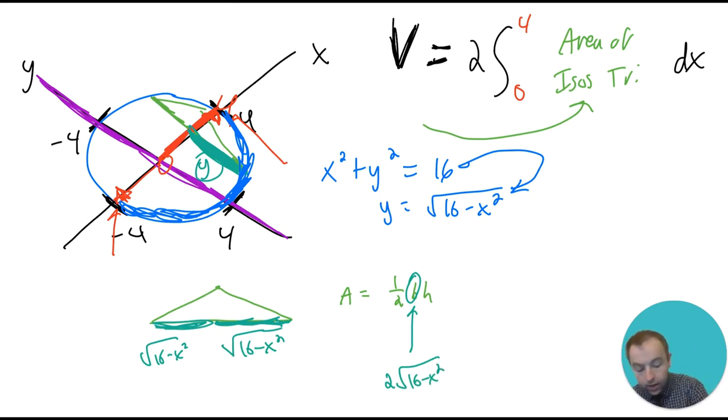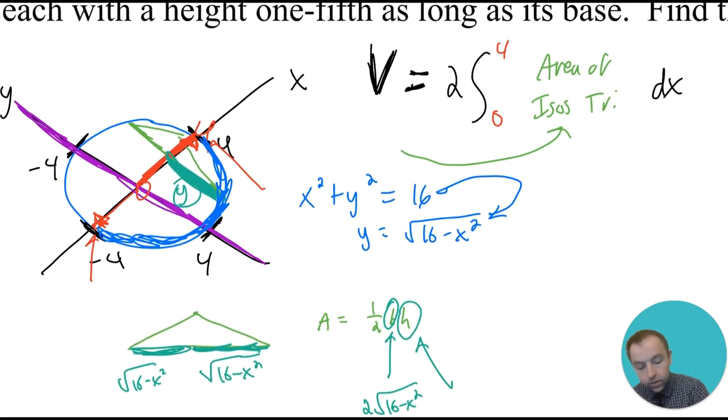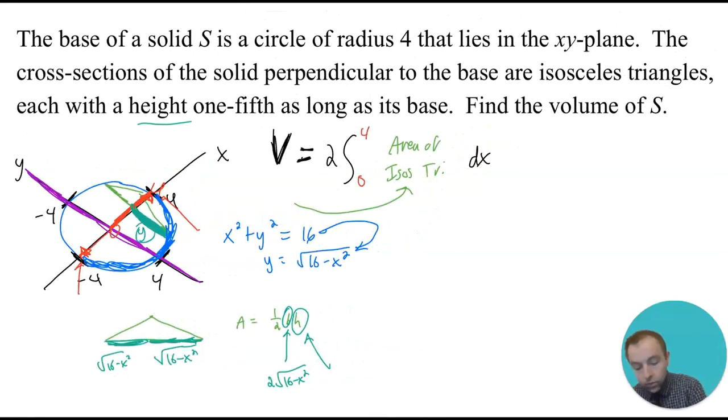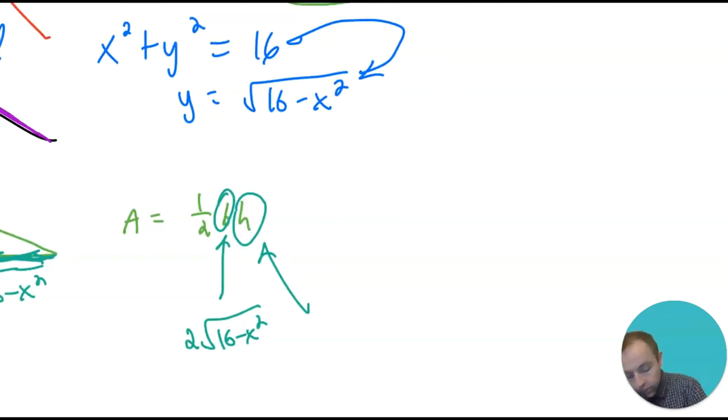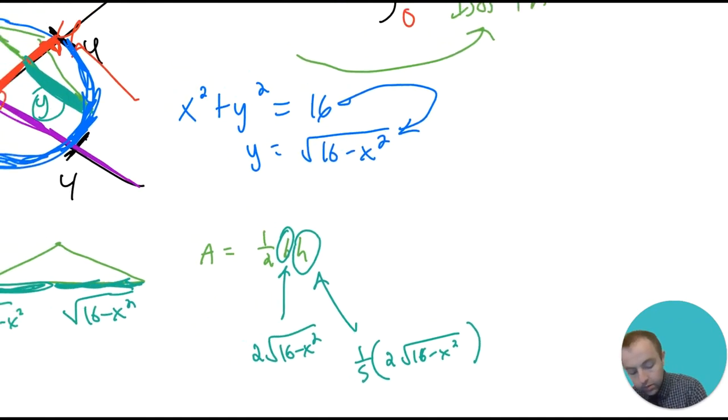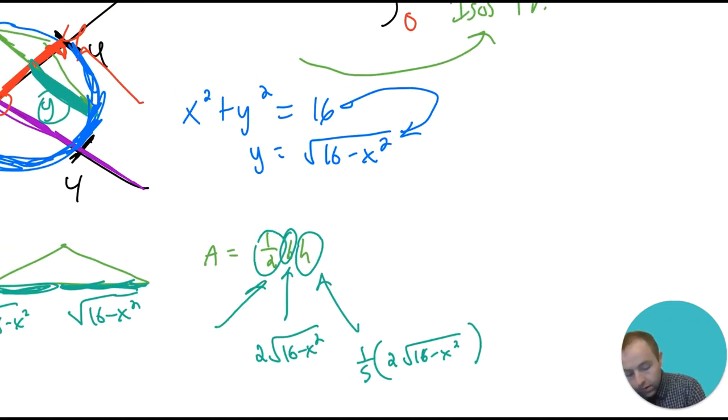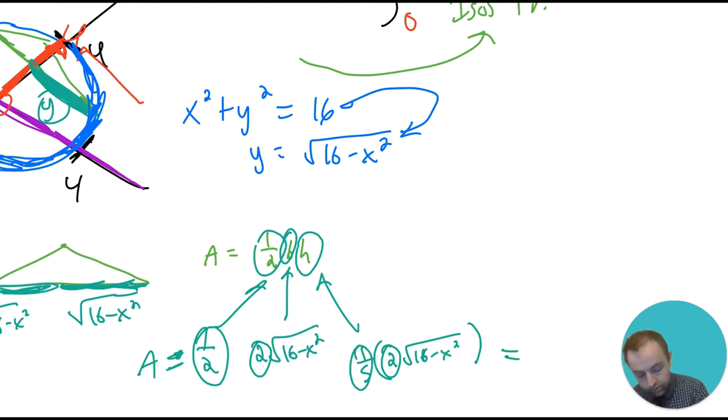And then the height of each isosceles triangle cross-section is 1/5 as long as its base. So it's going to be 1/5 times 2 square roots. It's 1/5 of the length of the base. And then you have the half right there, which of course stays half. So if you multiply all of those numbers together, half times 2 is 1, and then 1/5 times 2 is 2/5.